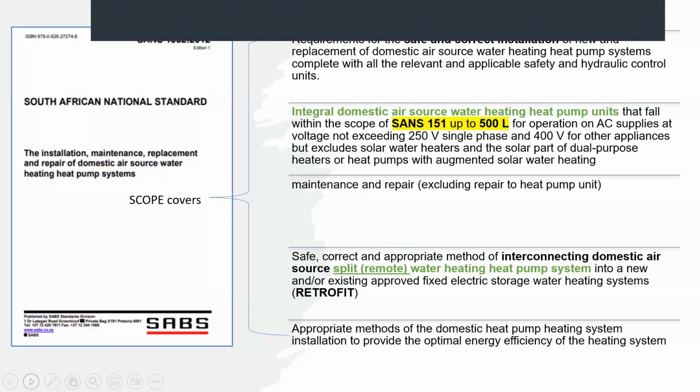What it doesn't cover is things like the hydraulic design of the system. Remember that one of the normative standards is SANS 10254 as well. So there are a lot of other normative standards, but if you're looking for the sizing and if you're looking for designs, I suggest that you look at SANS 10252 Part 1 for more information there.